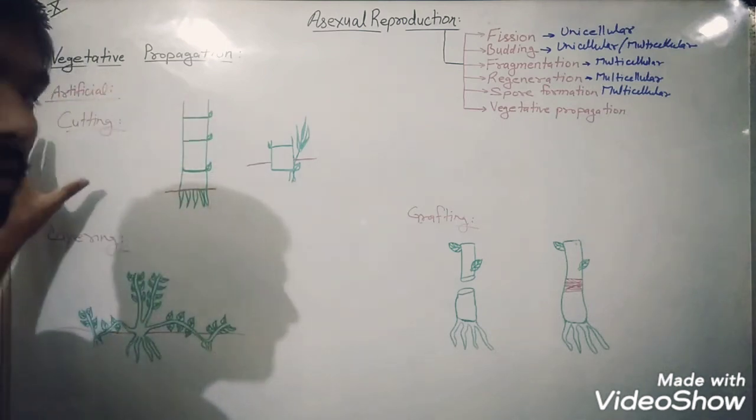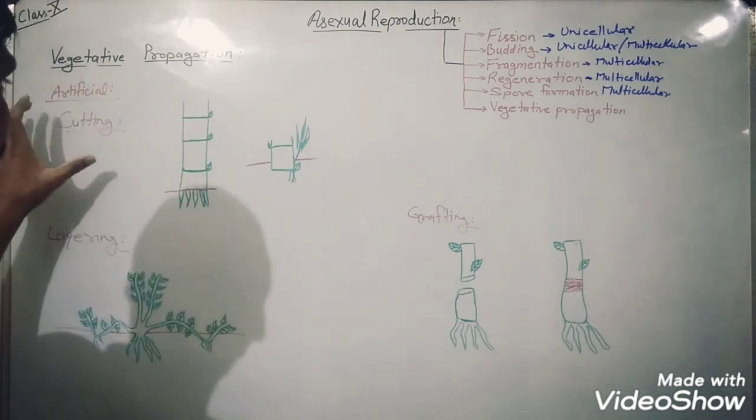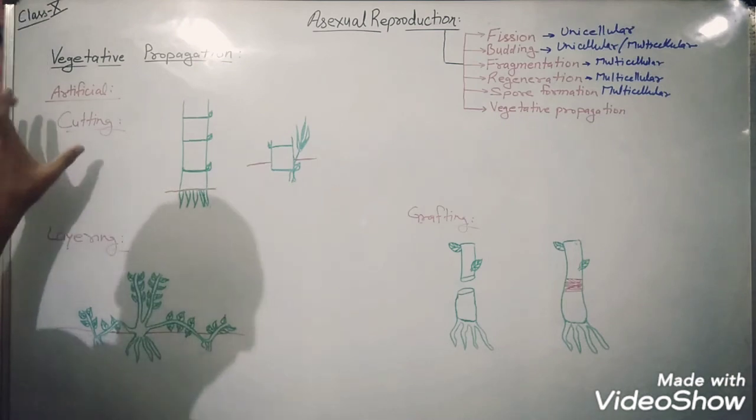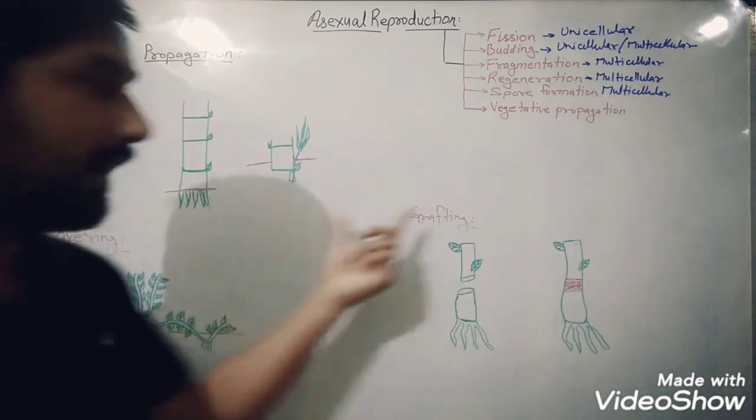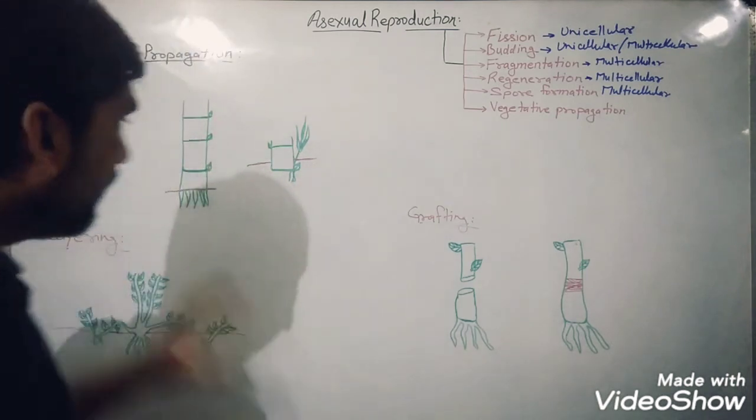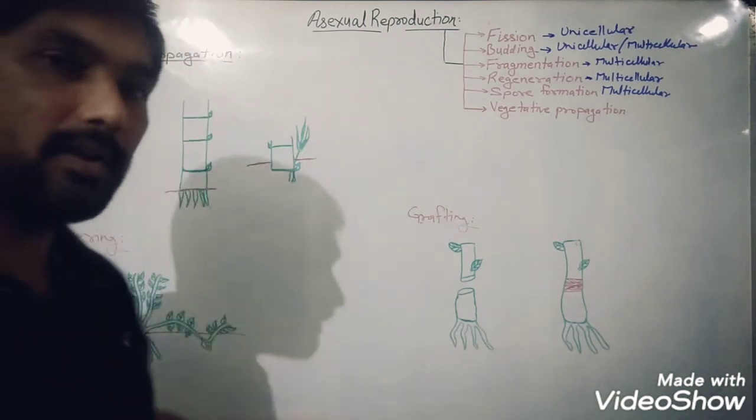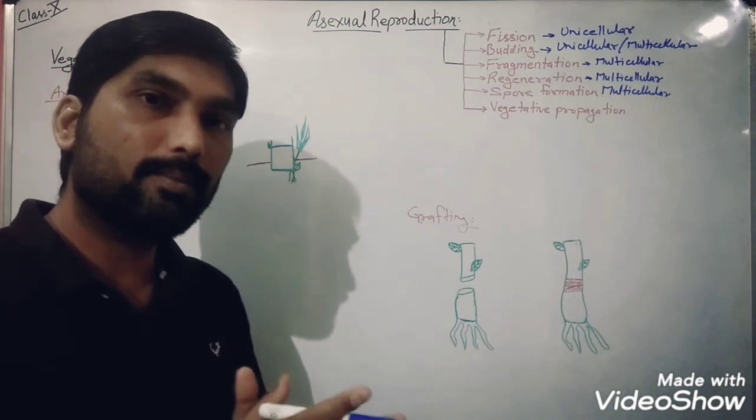And we are going to discuss here three main type of artificial vegetative propagation techniques that are known as cutting, layering and grafting.